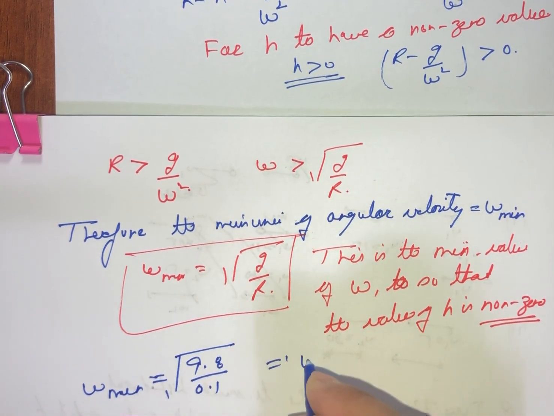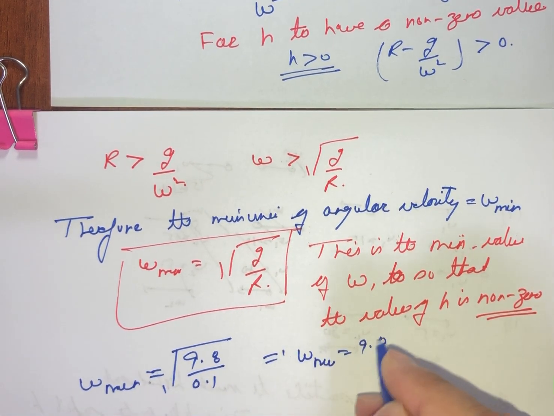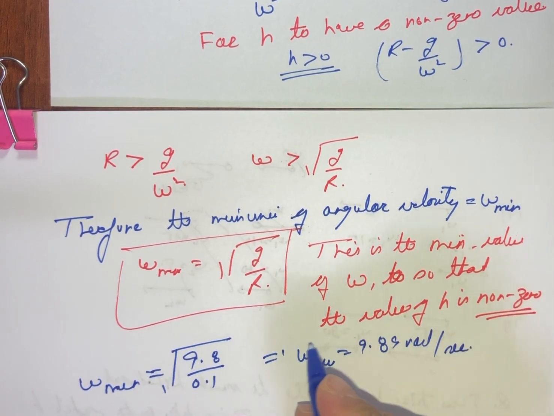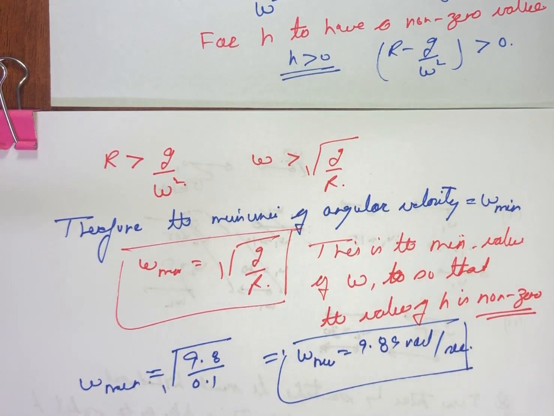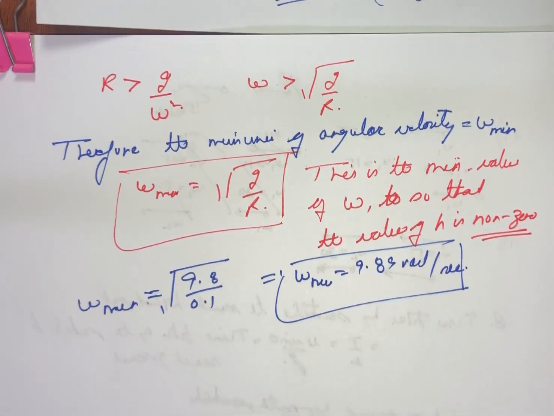So we get omega minimum is equal to 9.89 radian per second. And we are supposed to find out the minimum possible error in the measurement, delta g.